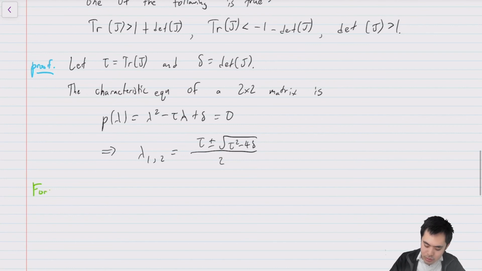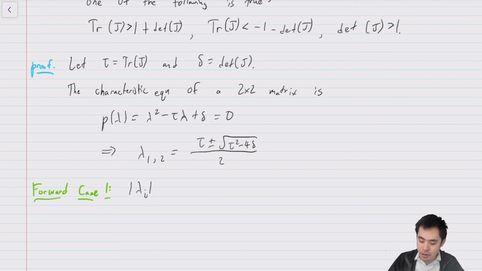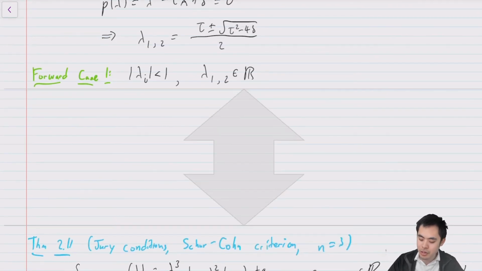So let's say forward case 1. We're going to deal with the case where our assumption is that all the eigenvalues are less than 1. And we're going to additionally assume that they're real, because it turns out that the proof is slightly different depending on whether the eigenvalues are real or complex.